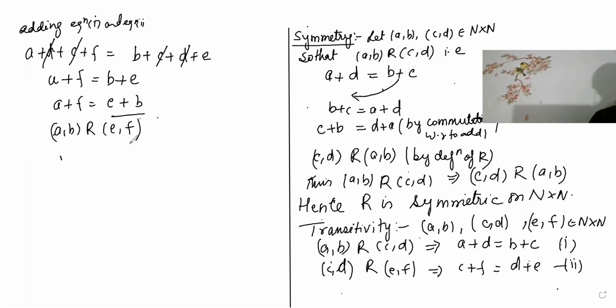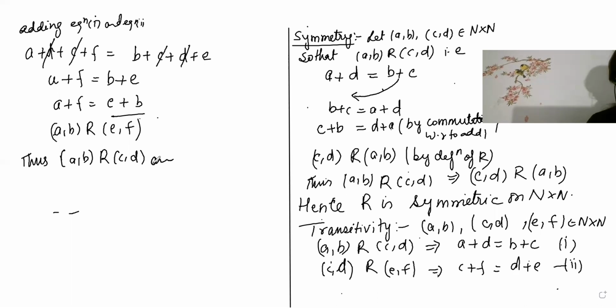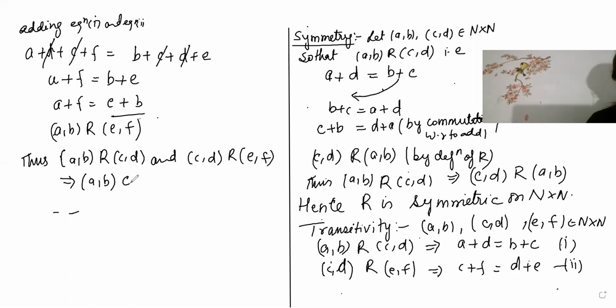Thus we can say when AB is related to CD and C comma D is related to EF, then A comma B is related to EF for all A, B, C, D, E, F.